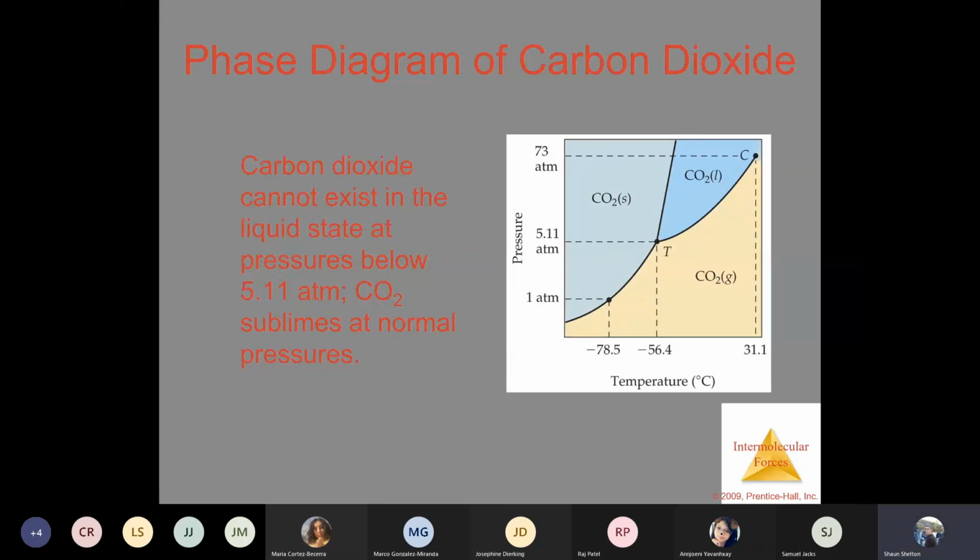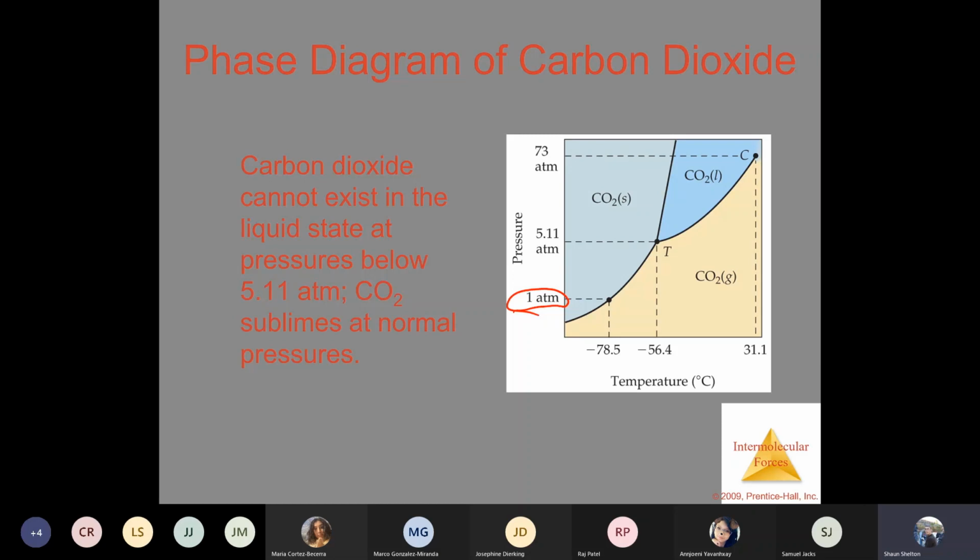So next phase diagram is for CO2. So CO2 is unique because we talked about dry ice earlier. If you take dry ice and you put it on your table, the dry ice sublimes and turns from a solid to a gas. So your table is your room pressure, our atmospheric pressure is right around 1 atmosphere.